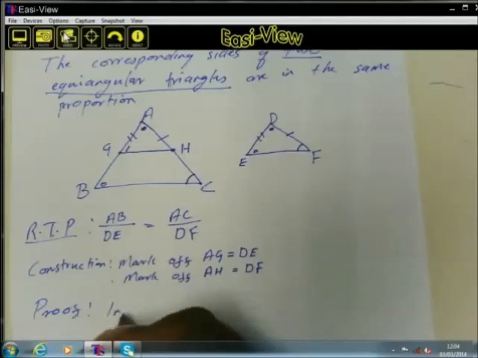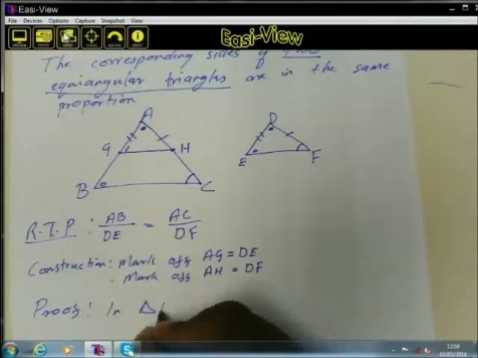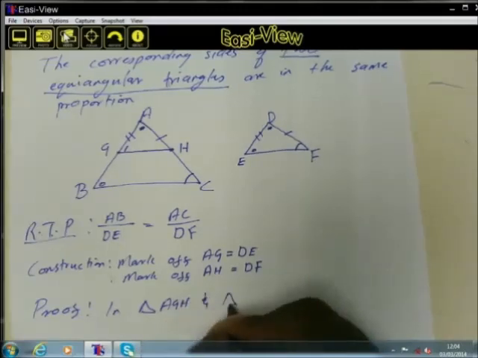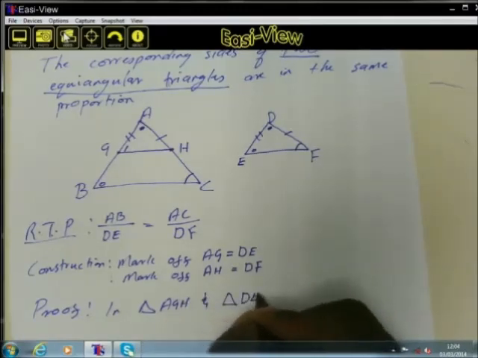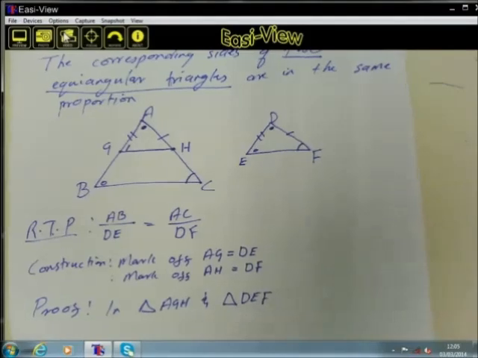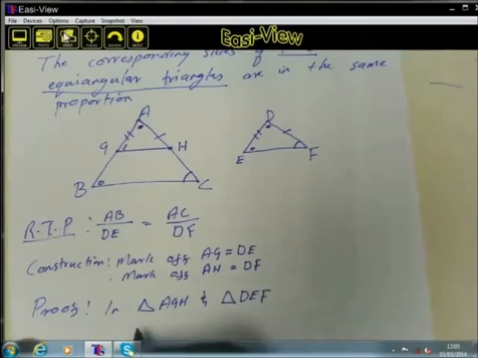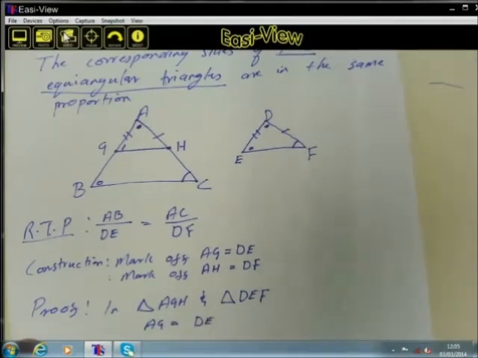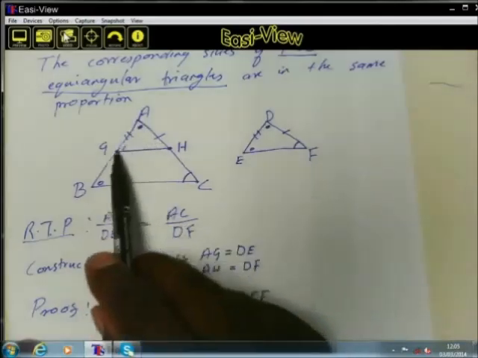Let's go to triangle AGH and triangle DEF. In the two triangles, I can firstly say AG is equal to DE. Why do I say AG is equal to DE?